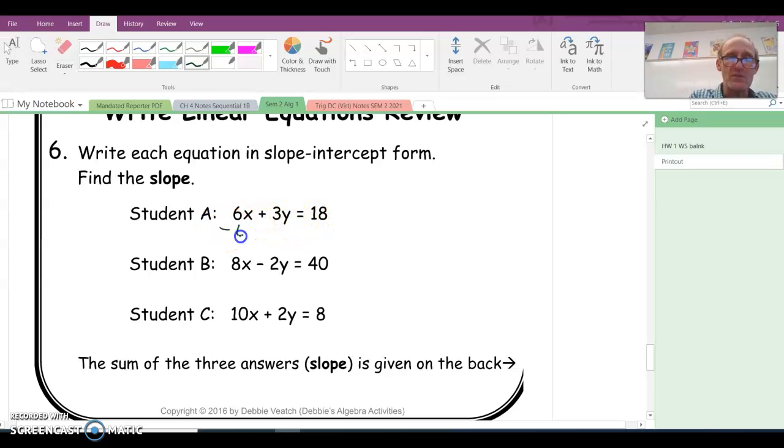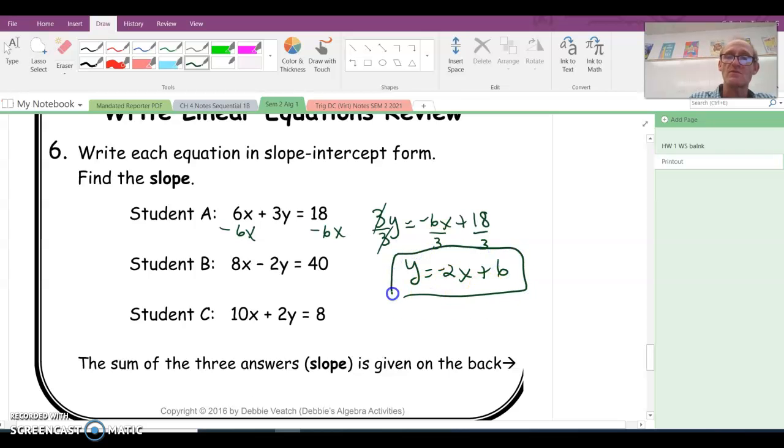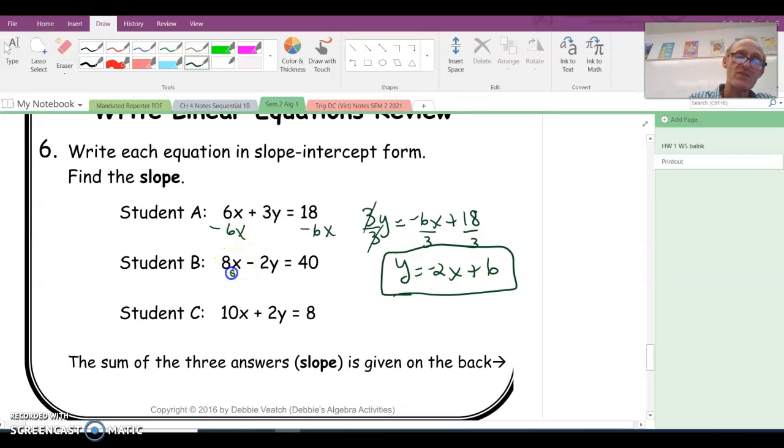We're going to subtract 6x. 3y equals negative 6x plus 18. Divide by 3. Those are the two steps. y equals negative 2x plus 6. So you're going to move the x term and then divide.